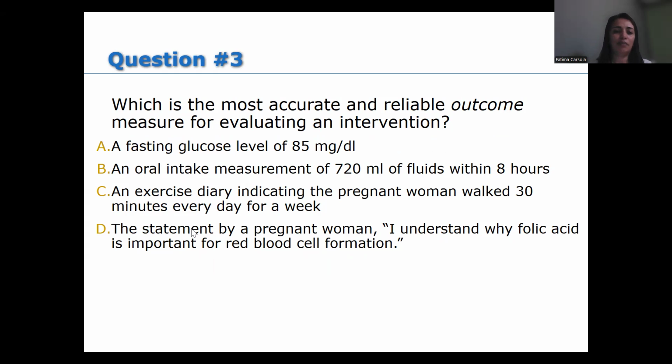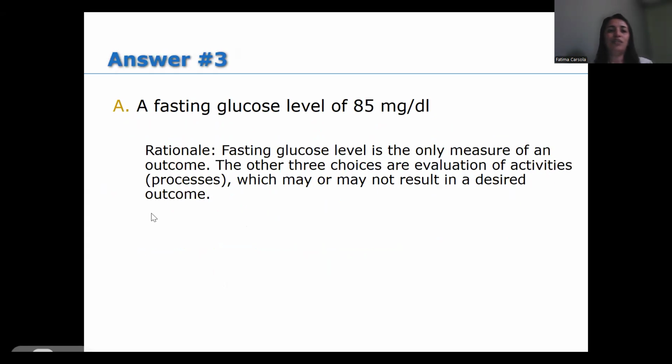Or D, the statement by a pregnant woman, I understand why folic acid is important for red blood cell formation. Okay, your answer should be a fasting glucose level of 85 milligrams per dl. So for the rationale, fasting glucose level is the only measure of an outcome, and the other 3 choices are evaluation of activities or processes which may or may not result in a desired outcome.